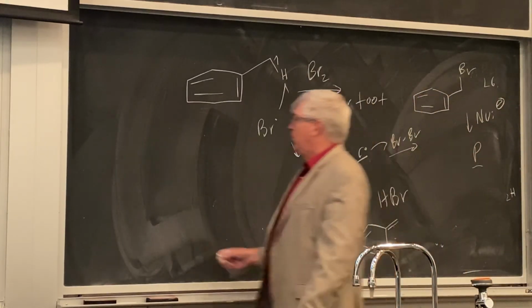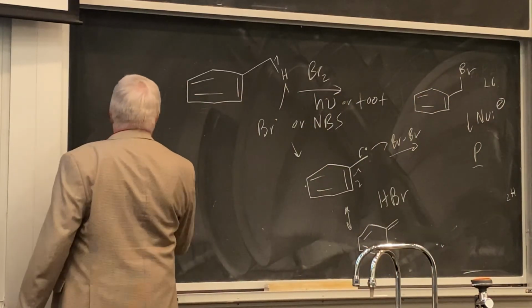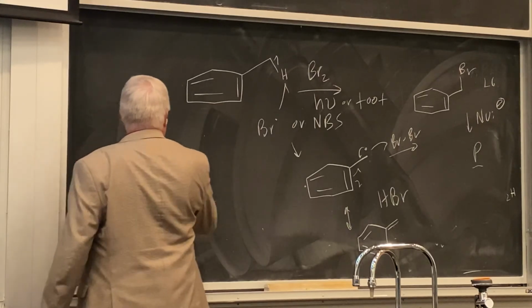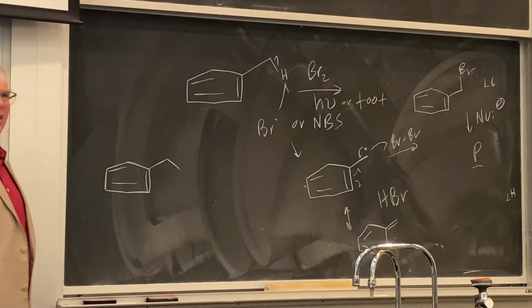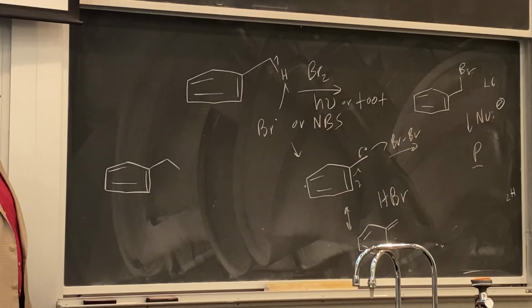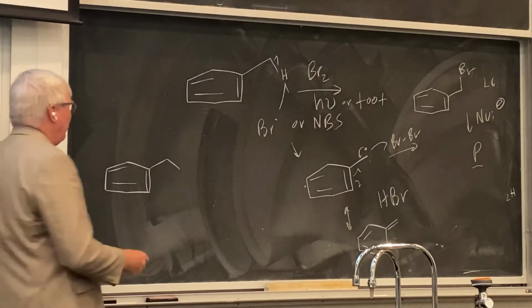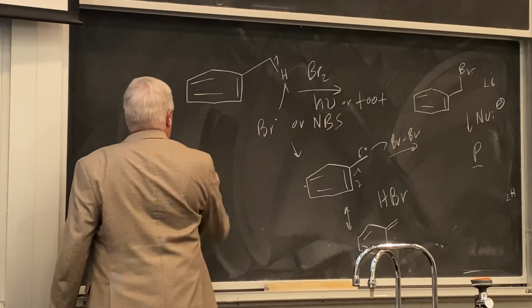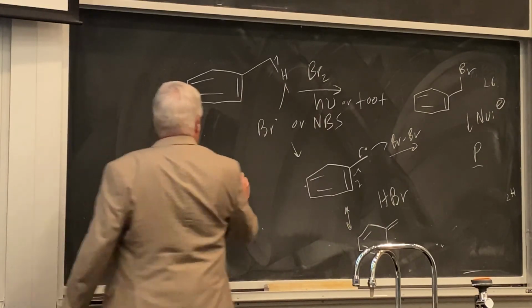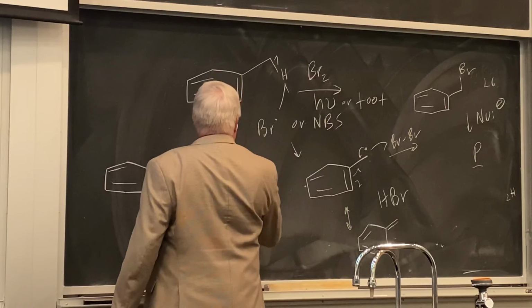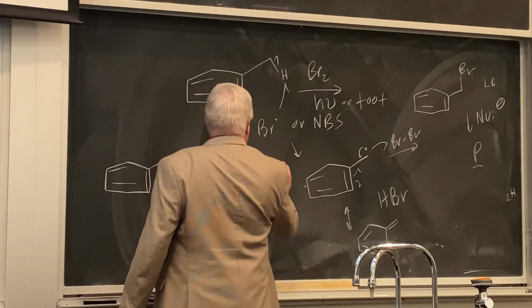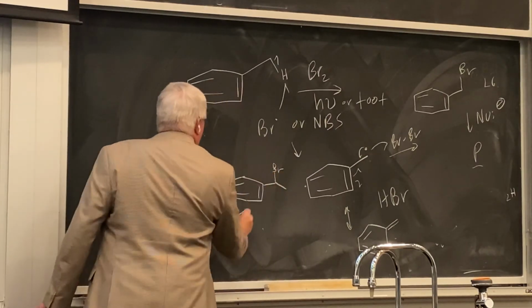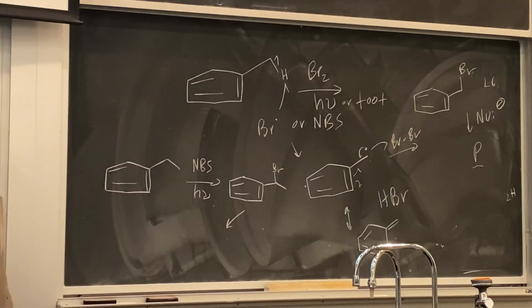One I'll show you just real quick is Friedel-Crafts alkylation. And maybe we showed this one last time. Did we show styrene synthesis? Yeah, let me remind you of that. So let's say NBS and light. That will form the benzyl bromide. And then what? It's not just substitutions of different nucleophiles.